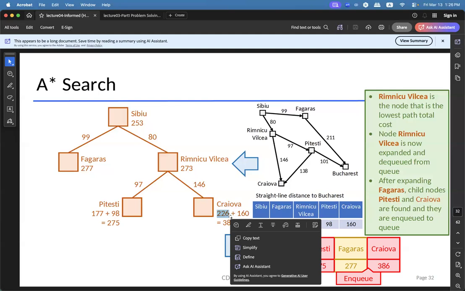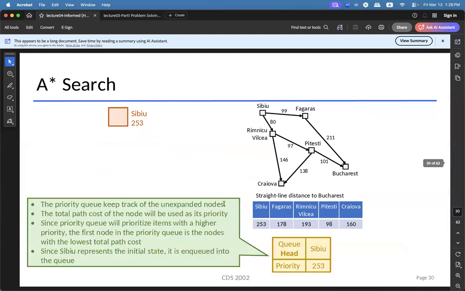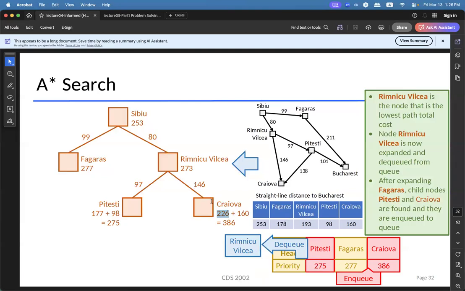You should never take 146 as the path cost of Craiova, because the path cost here means the cost taken from Sibiu to Craiova.